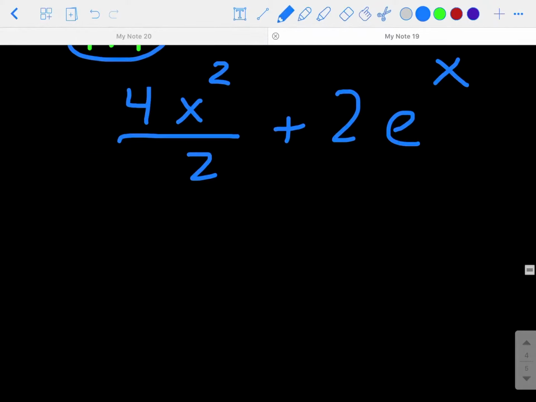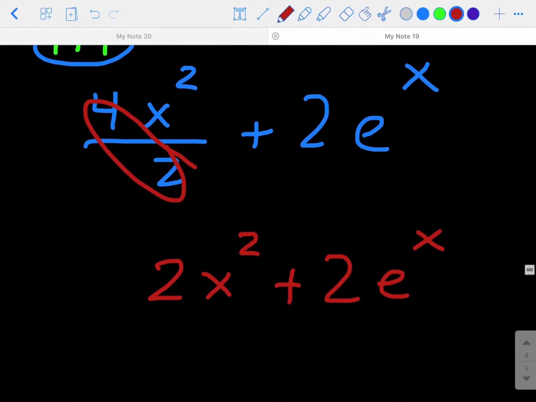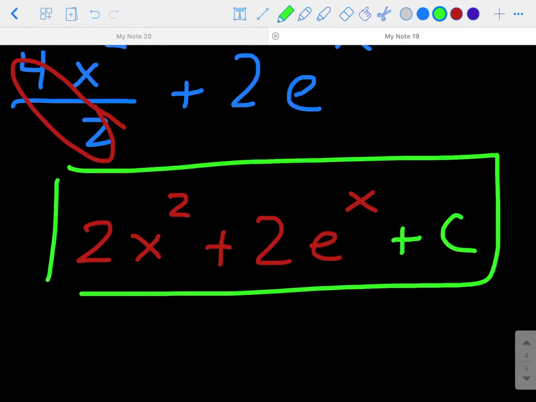And I can further simplify this out. 4 over 2 reduces down to 2x squared plus 2e^x. And recall, since we're talking about indefinite integrals, I need to include a plus c, a constant value.